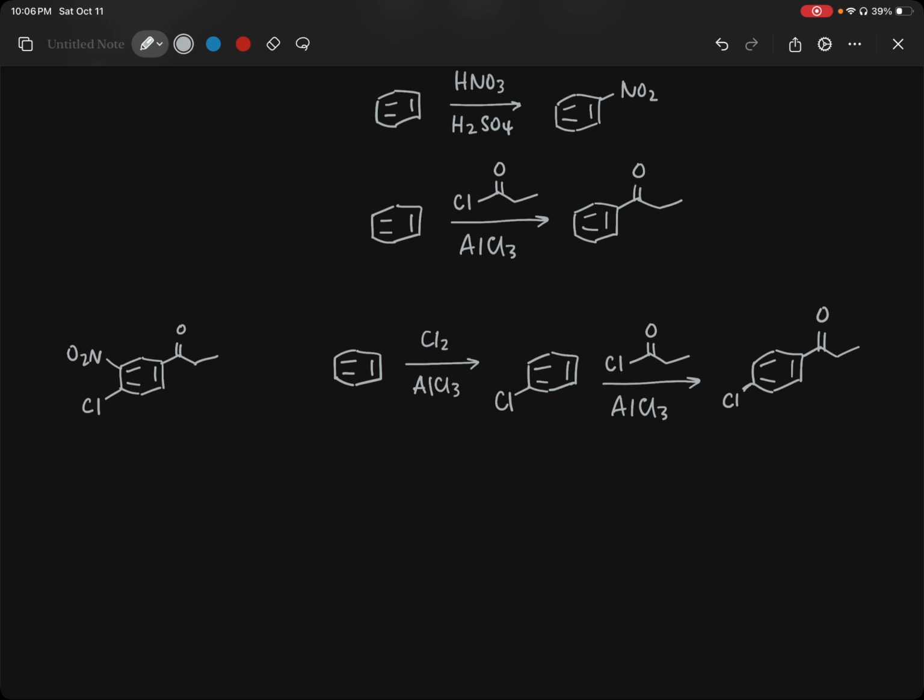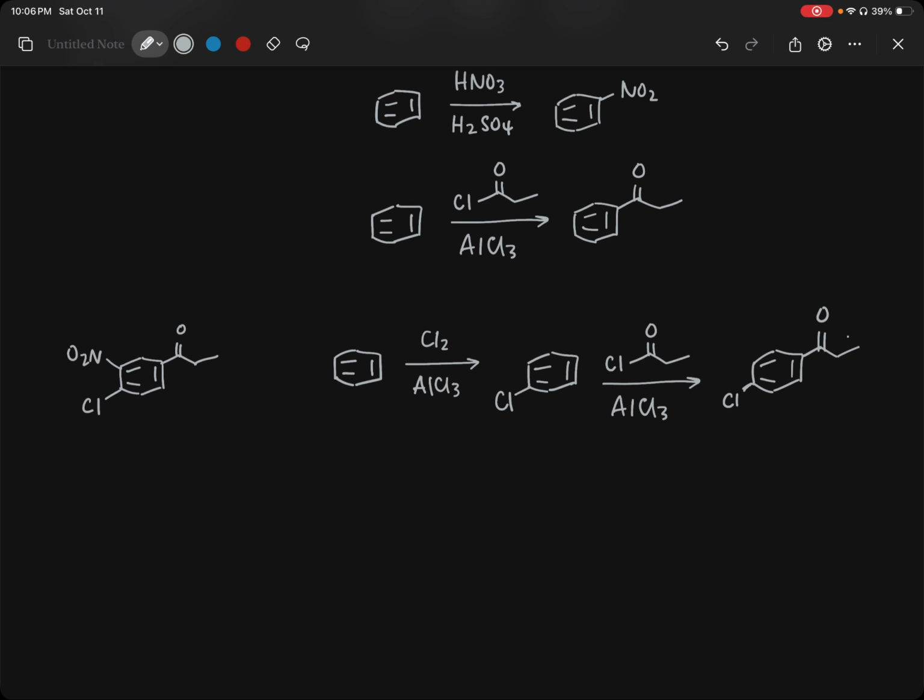And now we've only got one more group we need to install. That's the nitro group. Okay, so if we look at these directing groups, the chloride is an ortho-para director, so it's going to direct to the ortho positions that are here. The para position is already taken by the acyl group, so it's only going to direct to the ortho position.